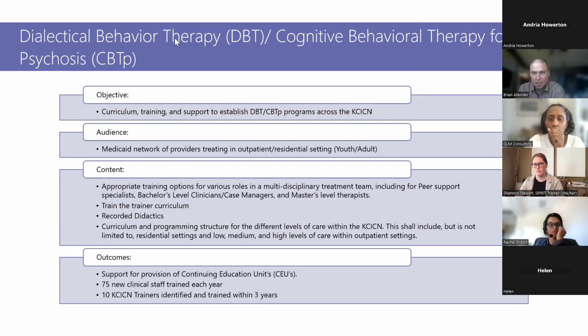Rachel was mentioning the initial 16-month contracting period, but with a potential to extend beyond that. We want to recognize that to fully accomplish this may take more than the initial 16 months. The audiences are the KCICN, which provides services in outpatient and residential settings to both youth and adults.